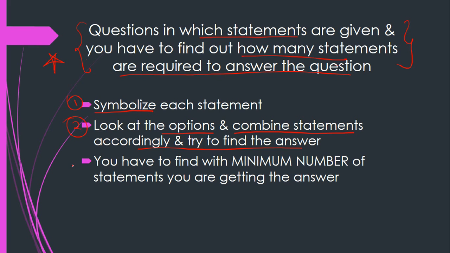But you have to remember this thing: you have to answer the question with the minimum combination, with the minimum number of statements. For example, suppose there are 3 statements in your question, and you are getting your answer from first, second and third, and this is option number 2. But don't stop here.